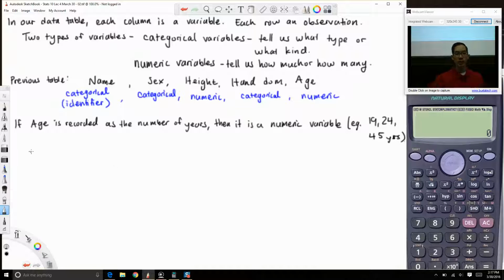On the other hand, if you're something like a polling organization or Nielsen Research or whatever, age can be recorded as a category.